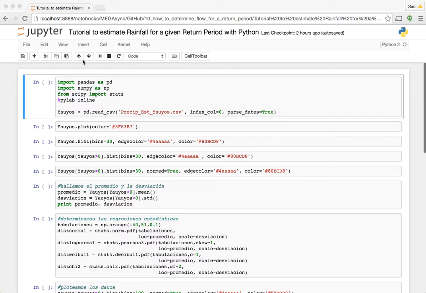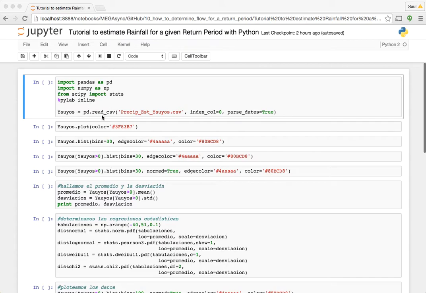First, we call the libraries Pandas, NumPy, and SciPy to do the statistical distributions. And this command is to get the graphics after the cells.